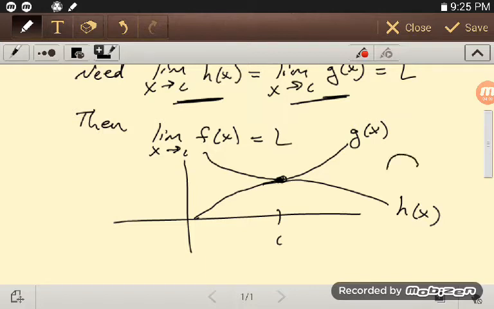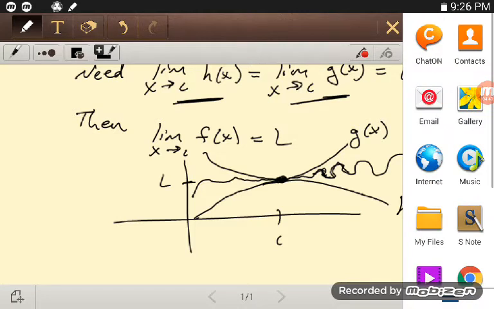Even if it's kind of wiggly, it has to make it in here. So here's f of x. It has no other option but to go to this value here, L. Because if it's bigger than h but less than g, and they both meet up here, then that's all it can do. That's the important part. They have to meet up.